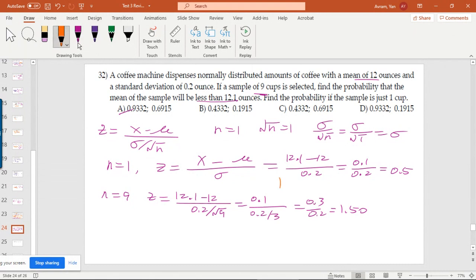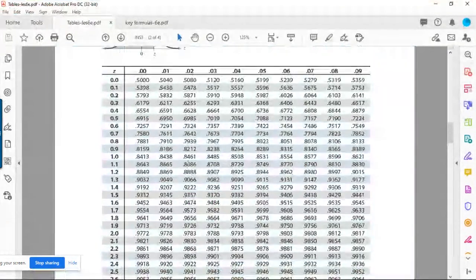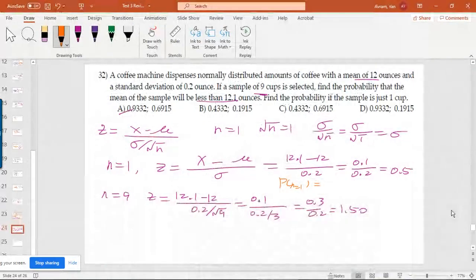So you go to look at the probability in the table. For n equal to 1, less than 12.1, that's 0.5, which is 0.6915. And when n is equal to 9, this is also less than 12.1, right?